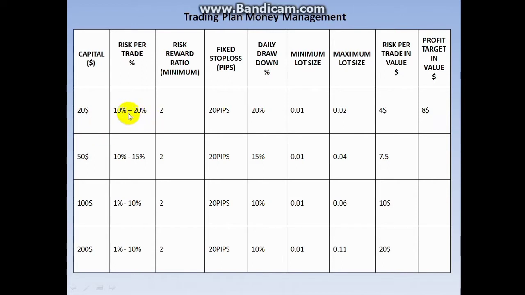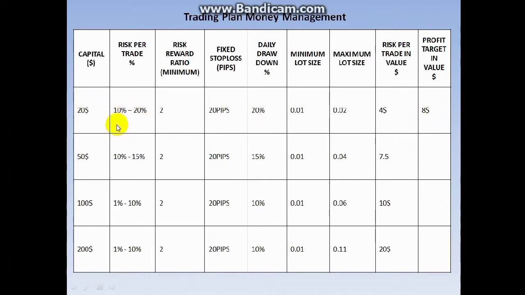This is because if you decide to reduce your lot sizes, since risk comes with the increment in lot sizes, using the lowest lot sizes for these kinds of accounts will not be helpful, and what you are going to get from it is going to be very, very little. So this is one of the disadvantages of having a small account. Once you have a small account, your risk tends to go higher.